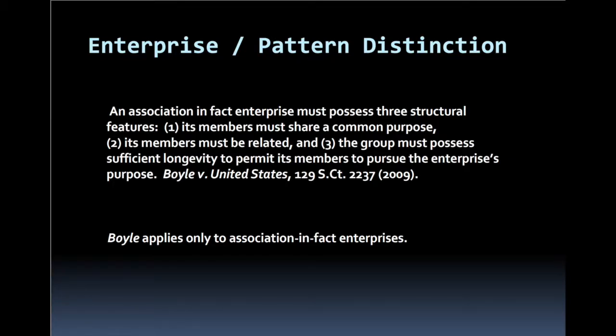The second thing you need to allege and prove is that the members of the enterprise are related. Now this is a very factual question, and the degree of relationship doesn't need to be that strong. Obviously, if all members of the group are employed by the same company, that could be a sufficient relationship. If all members of the group belong to the same family, that could be a sufficient relationship.